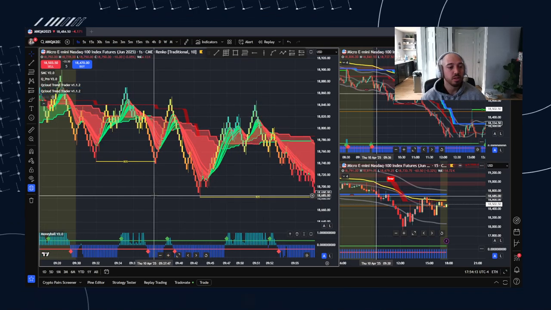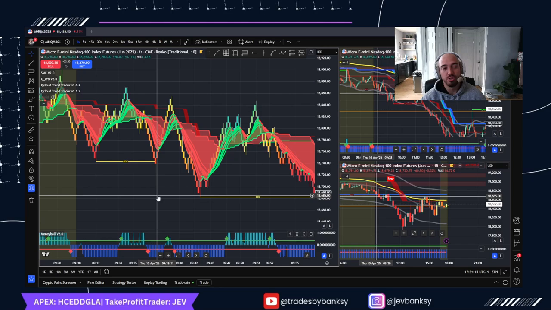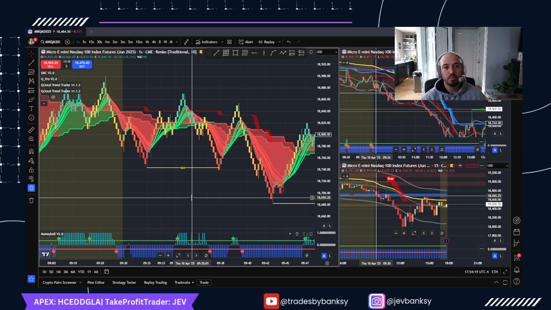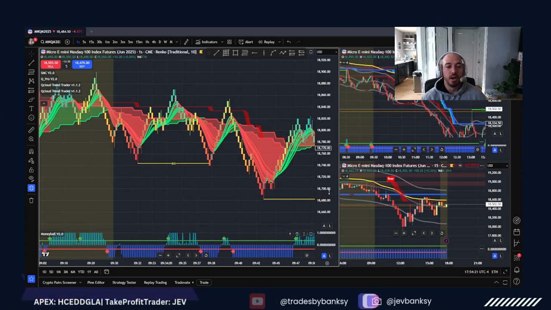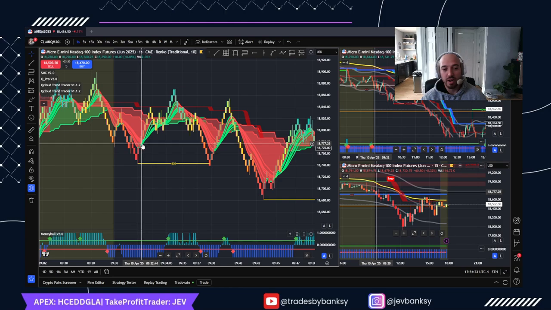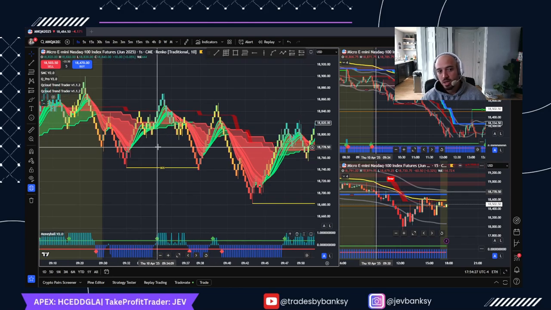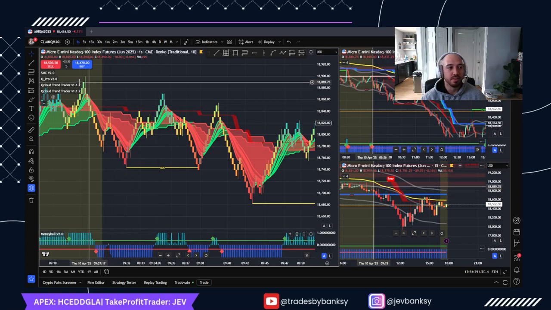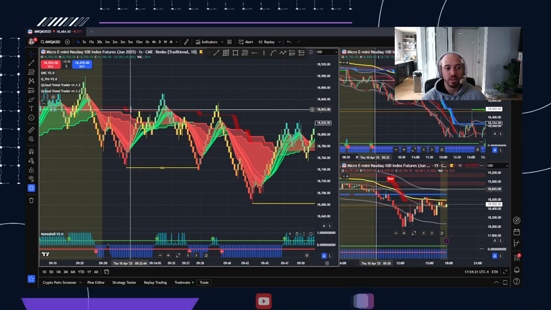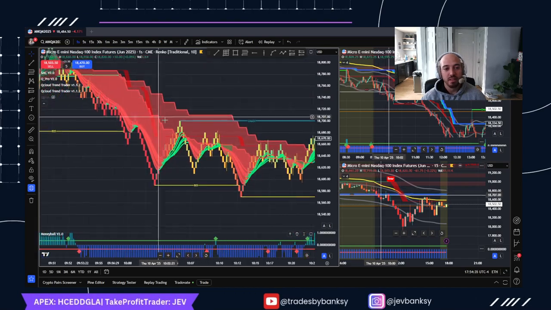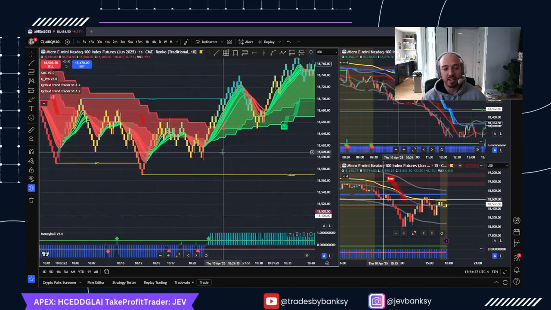So, similar idea when it comes to what we're looking for overall. We're still looking for entries the same way, everything red, right? But now that we have the SMC, which also gives us the SMC ribbon, that's an extra added confluence.